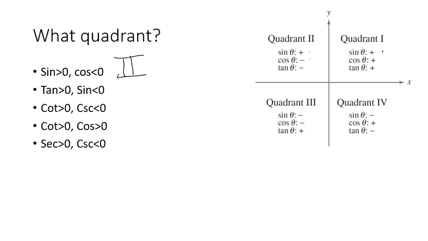If tangent is positive, we could be here or here, but if sine is negative, we're not going to be here, so we're going to be in quadrant 3. And that's how you can tell what quadrant you're talking about.